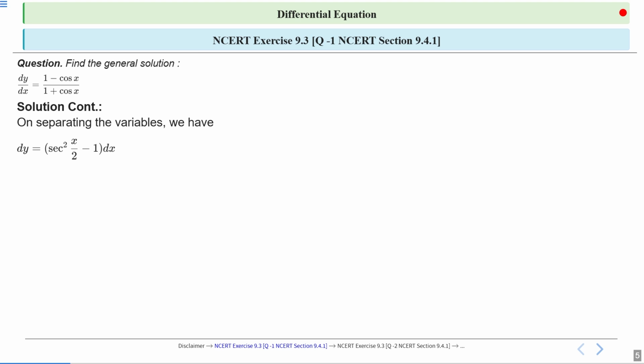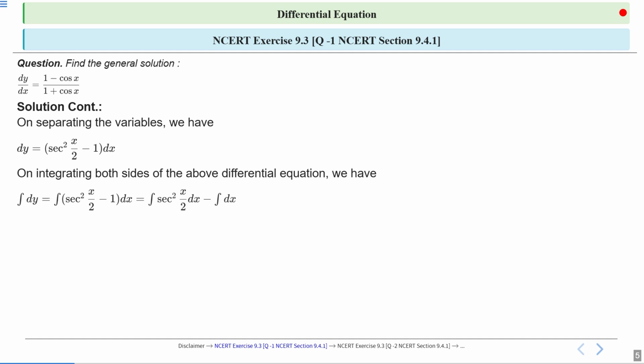When we separate the variable, we write the terms involving x with dx and the terms involving y with dy. So on integrating both sides of the above differential equation, we have integral dy and then integration of sec square x by 2 minus 1 dx.